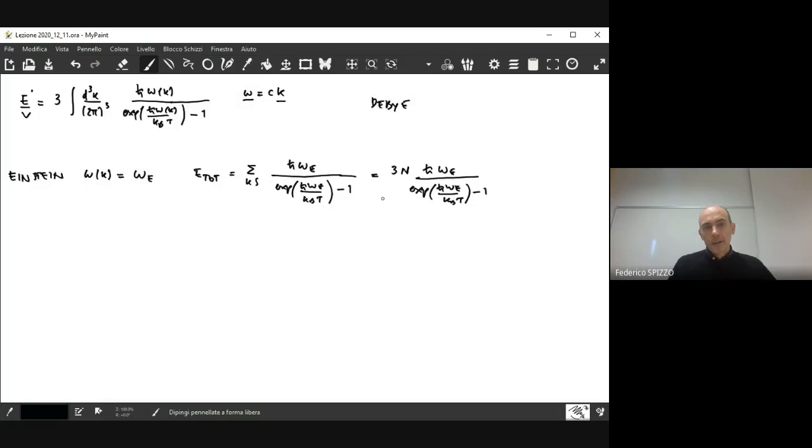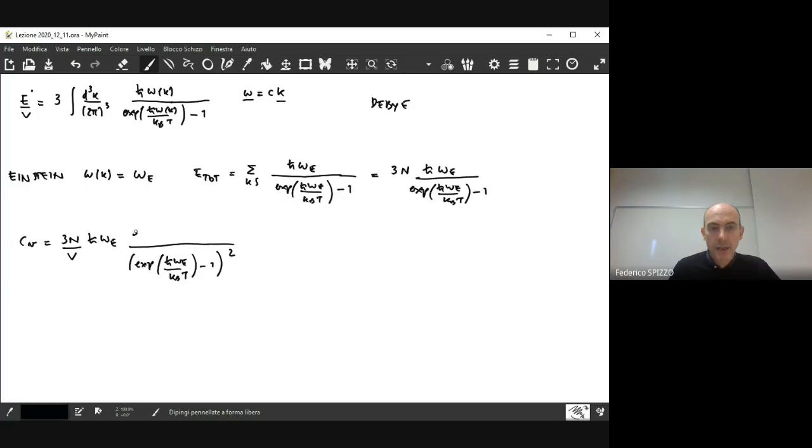So at this point, if we use this expression to evaluate the specific heat, then the specific heat is equal to 3n divided by the volume. Then we have h bar omega e, and then the derivative of this function with respect to temperature. So what we have is the exponential of h bar omega e divided by kBT, minus 1 squared.